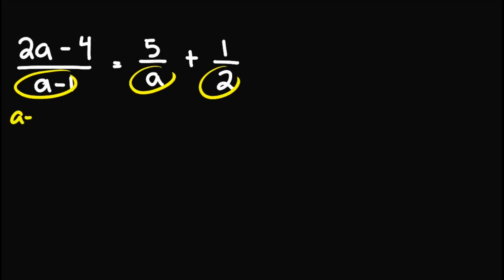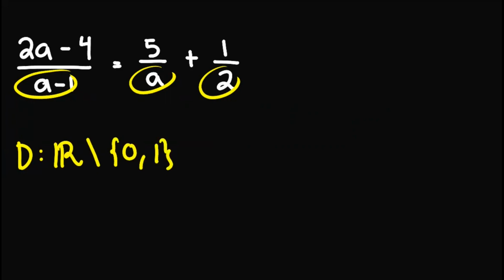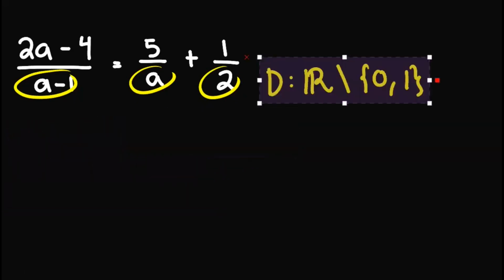If we have a minus 1 equals 0, a equals 0, or 2 equals 0. But 2 equals 0 can never happen, so we remove that case. For a minus 1, this simplifies to a equals 1. So from here, we know that the domain now is all real numbers except 0 and 1. So when we obtain 0 and 1, that won't be part of our solution.